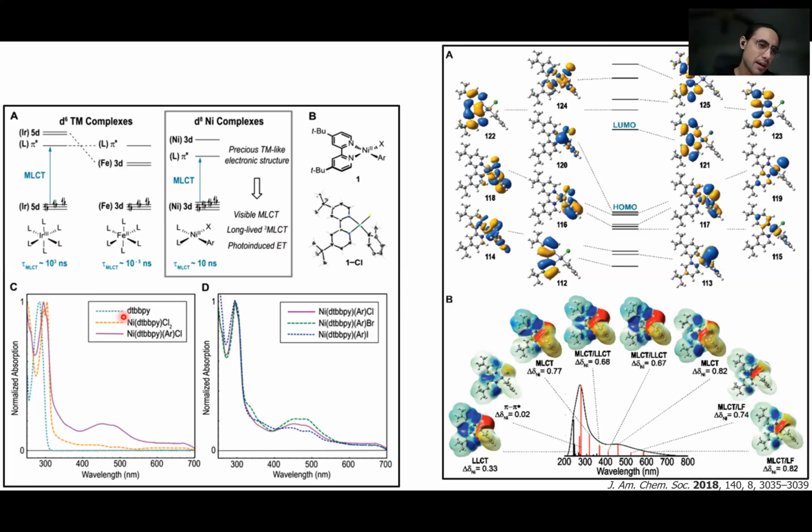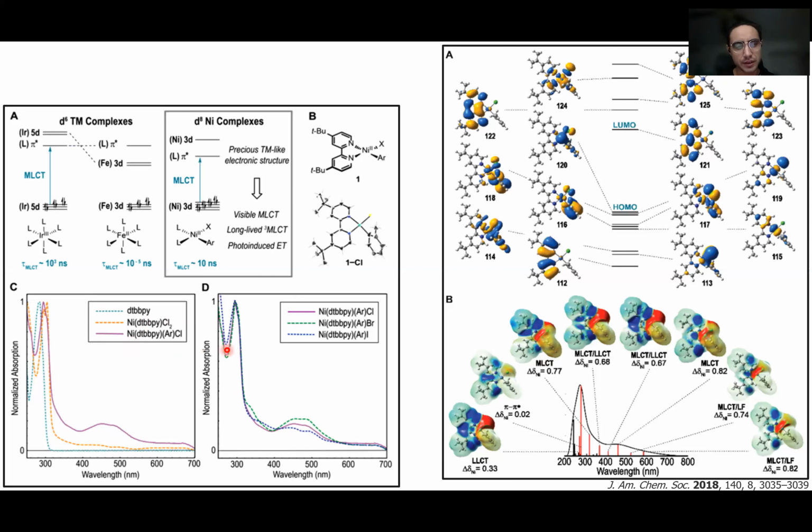Here they have some absorption spectra of just the ligand, the dichloro version of the nickel complex, and the oxidative addition complex. One thing to note with the ligand is that this transition here would correspond to the pi star transition of just the ligand, and I'll come back to that a little later.